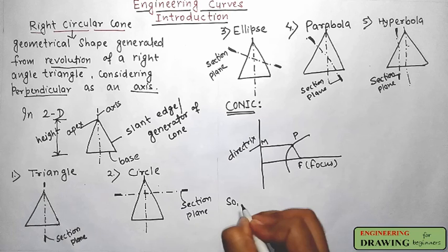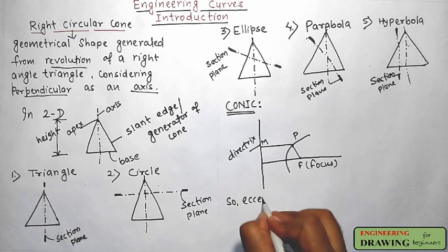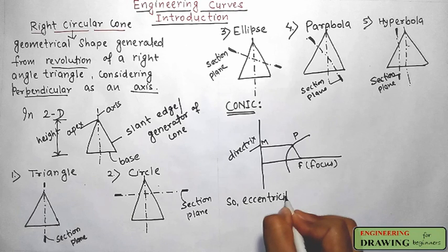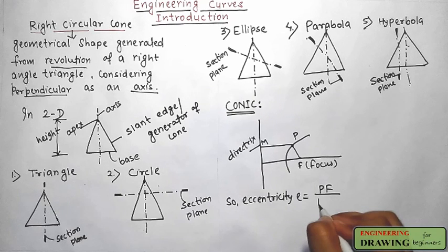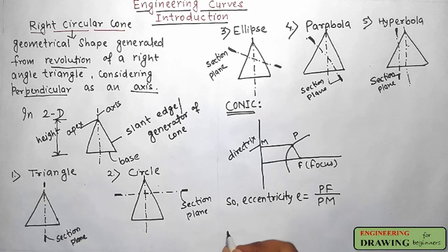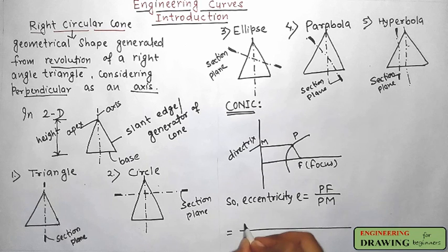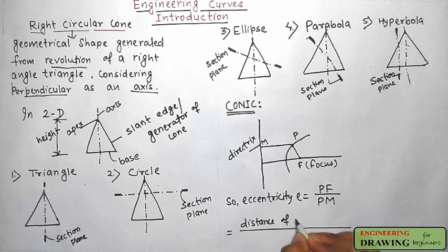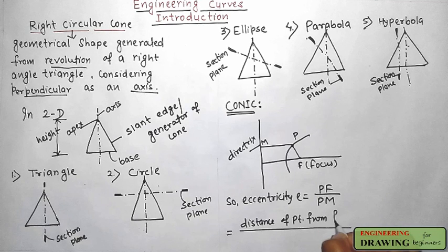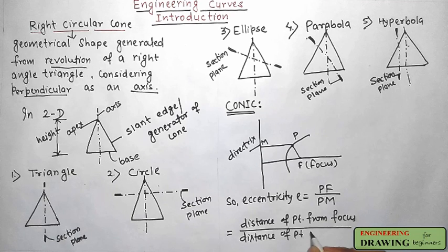So, eccentricity e is equal to PF upon PM, or distance of point from focus upon distance of point from directrix.